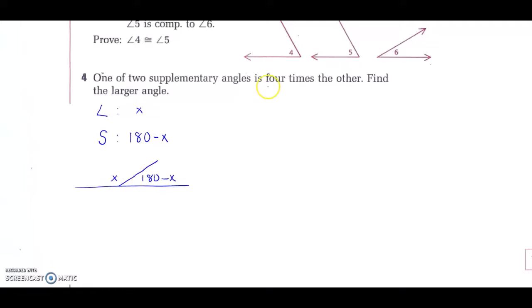Now we write our equation. One of two supplementary angles is, the verb is always your equal sign. My suggestion to you would be, since we have the equal sign and there's only going to be one of two supplementary angles on one side of it, choose the angle with the most terms for that side.